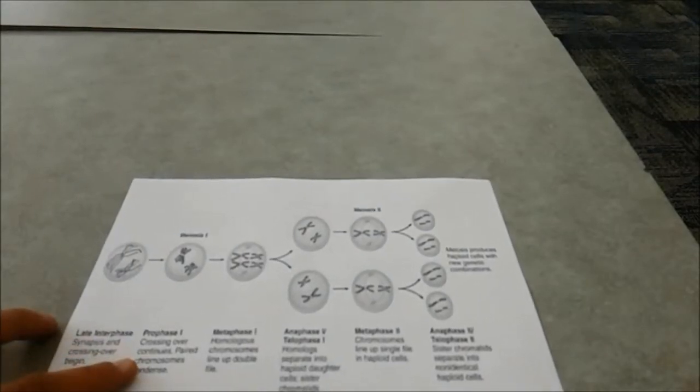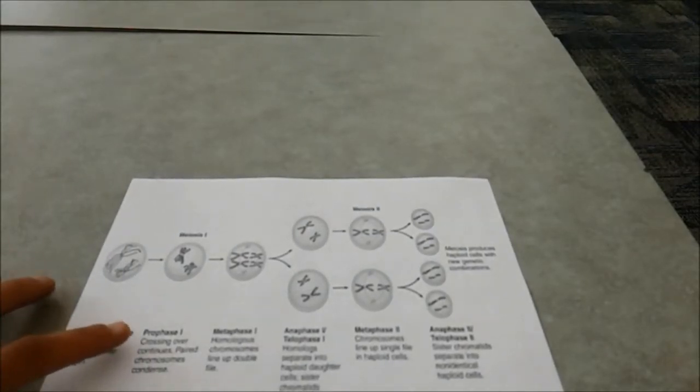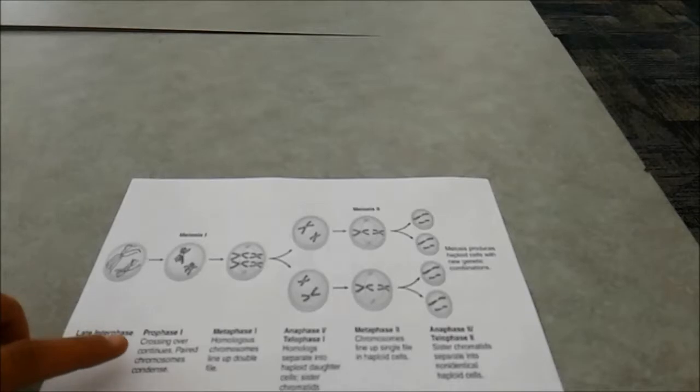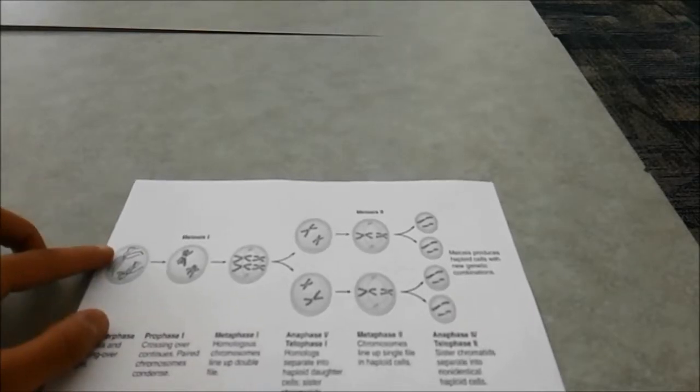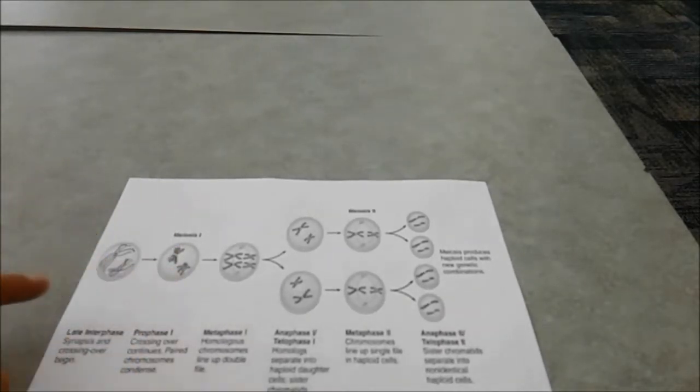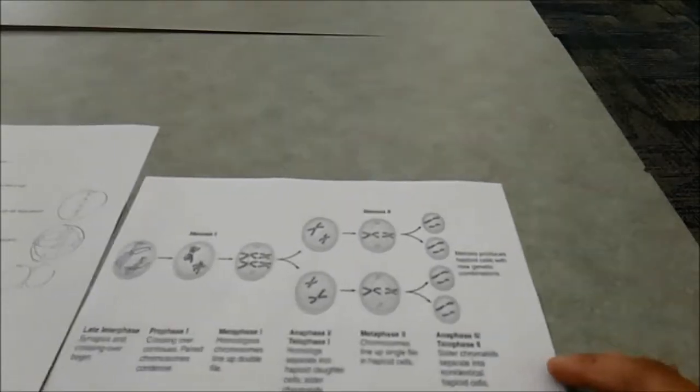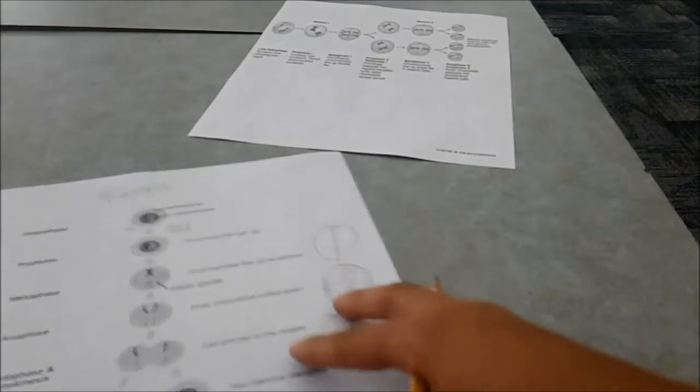In prophase 1, crossing over continues, and the paired chromosomes condense. So this is in prophase 1, they start condensing. In metaphase 1, the homologous chromosomes line up in a double line. So instead of in metaphase in mitosis, which is right here, we'll look at that.